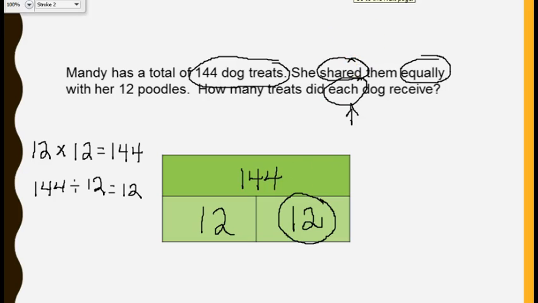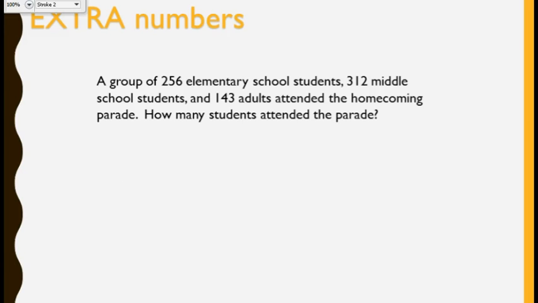Okay. So now I want to warn you because sometimes when you have story problems, and as you get older it's more often, they're going to give you extra numbers just to make it hard, right? To make sure you're paying attention. Okay, so let's look at this one and see if we can figure out which numbers are the important numbers for us. It says a group of 256 elementary school students, 312 middle school students, and 143 adults attended the homecoming parade.